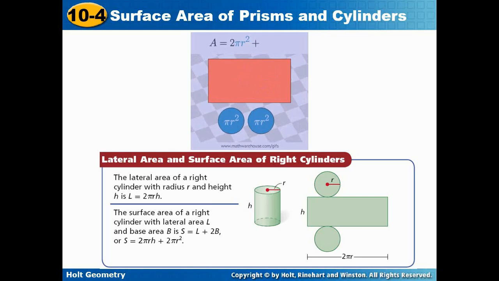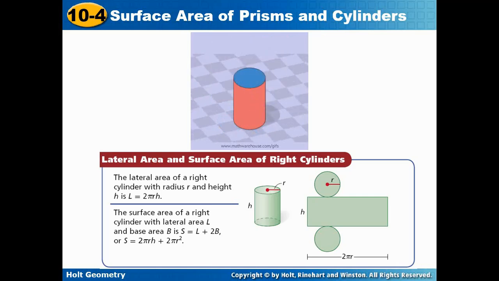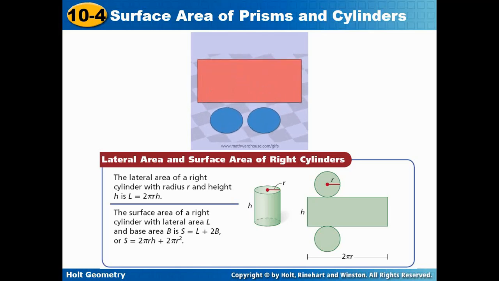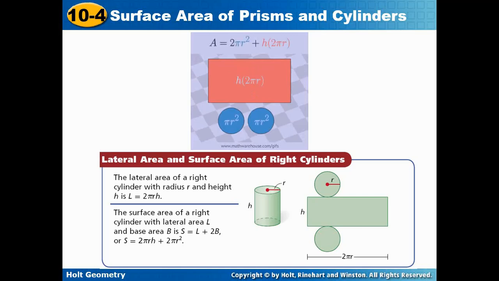So to find the area of the whole cylinder, we will find the area of this rectangle, and we will also find the area of the two circles. The length of the rectangle is the same as the circumference of the circle, which is 2 pi r, and the height here is h.